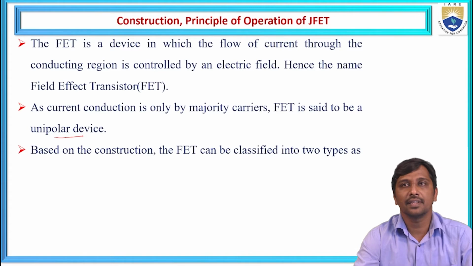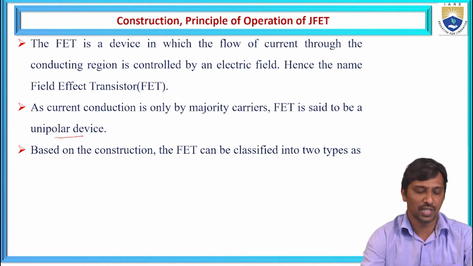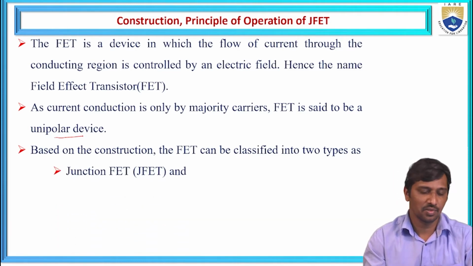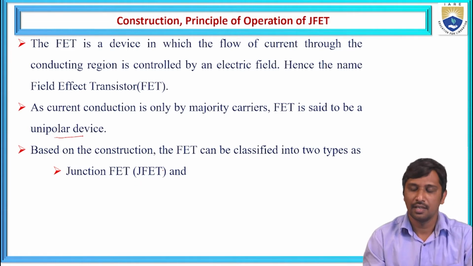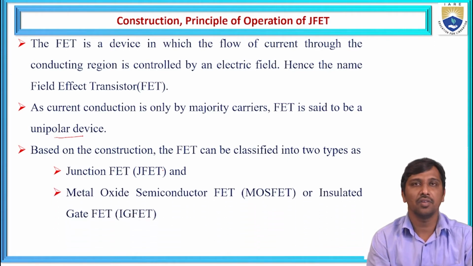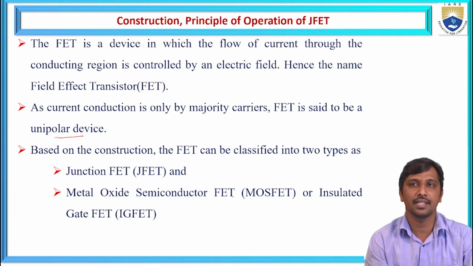Similarly, the FET, based on the construction, is classified into two types. One is the junction field effect transistor, also represented as JFET. Another one is the metal oxide semiconductor field effect transistor.